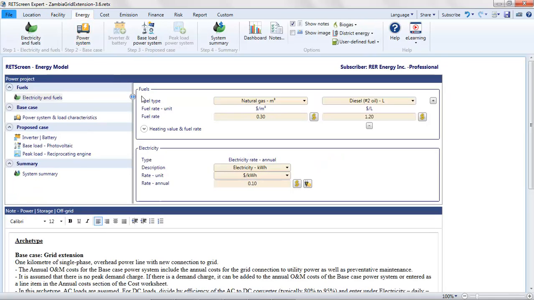On the energy page, we have the cost of diesel fuel here as $1.20 per liter. I think if you do the conversion, it should be closer to $1.60 per liter. The electricity rate of 10 cents per kilowatt hour is roughly equal to the 2 kwacha that was assumed there.